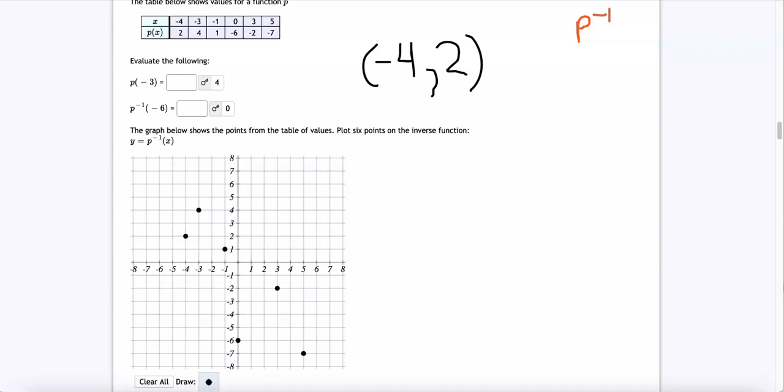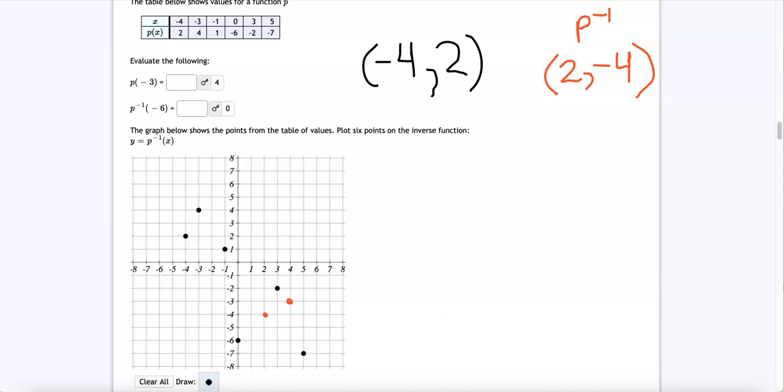The point is going to be 2 mapped onto -4. So switch the x's and the y's, and now you're able to go back the other way. So we go to 2, -4. Next point, instead of -3, 4, we are going to plot 4, -3.